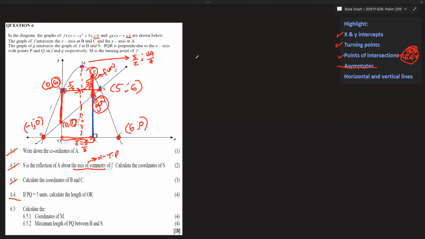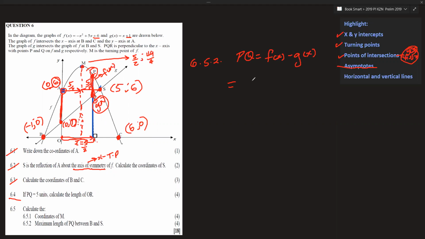So, ladies and gentlemen, let's do the last question. Awesome. They want us to calculate the maximum length between P and Q. Remember, I said P and Q is here, and P is at the top, which is on the graph that is on the top here, the f. So PQ is given by f of x minus g of x, right?